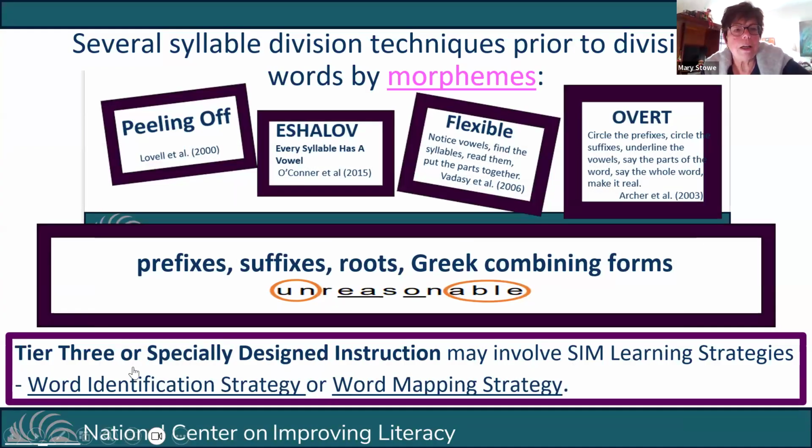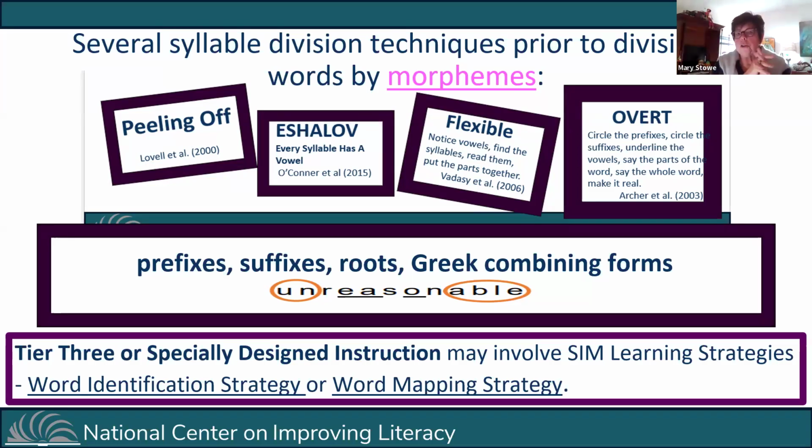But we also may need to think about other types of even more explicit instruction where we might think about a SIM learning strategy, thinking about word identification strategy or word mapping strategies. And these are strategies that are very explicitly designed not only for the teacher, but also for the student to help move through these various tiers.